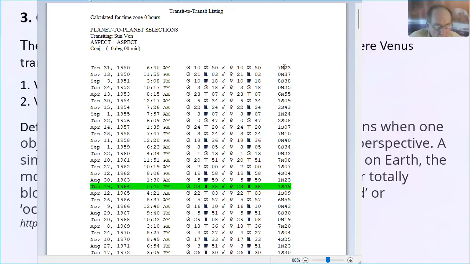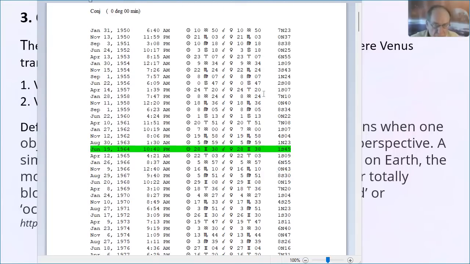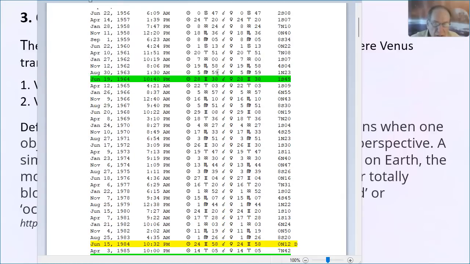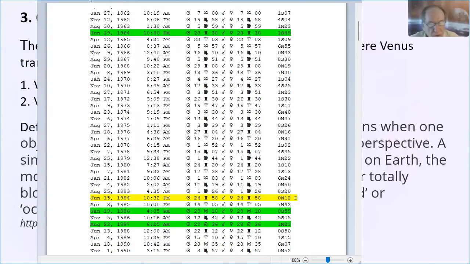And this is showing the latitude of Venus. The latitude of the Sun is always 0. This is how far Venus is off the ecliptic plane. And here's what happens. Let's go down to the first yellow highlighted one. I'm starting in 1950. I have to scroll all the way down to 1984.